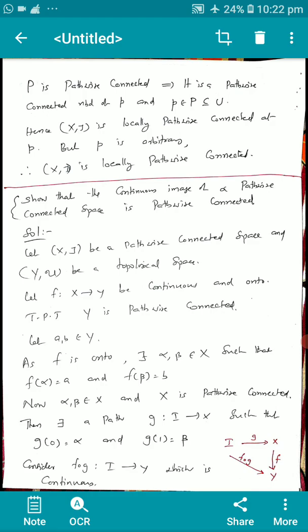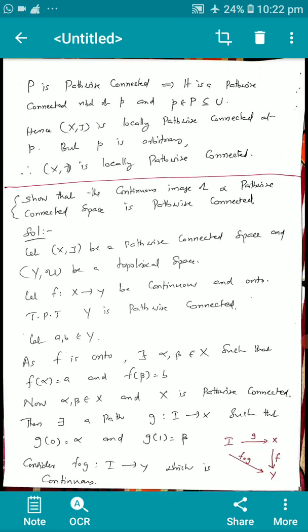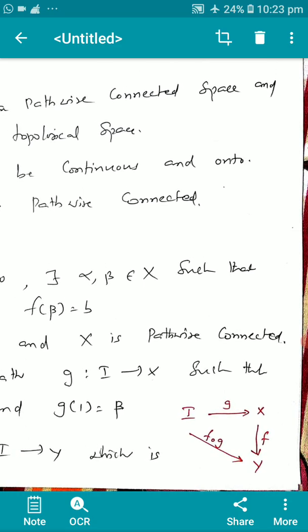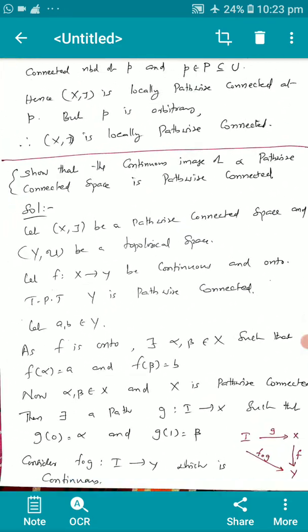Let a and b be two points taken in Y. As f is onto, there exist alpha and beta in X such that f of alpha equals a and f of beta equals b. Now alpha and beta are in X and X is path connected, so there is a path g from I to X such that g of 0 equals alpha and g of 1 equals beta. We have g from I to X and f from X to Y, so that I to Y is f composite g.